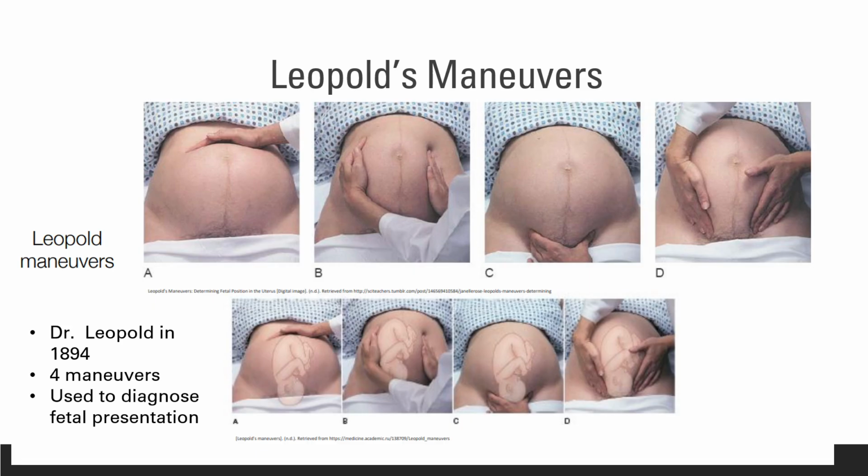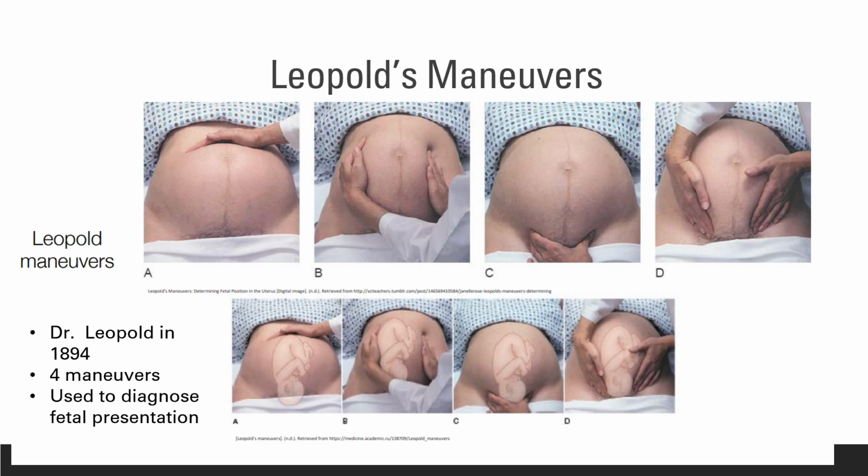And then of course the last maneuver is the lower uterine segment, and you're palpating basically for the back. If you feel something that's flat and straight, that's the best place to locate the fetal heart tone, and that's where you will put your ultrasound or your Doppler fetal monitors and so forth.